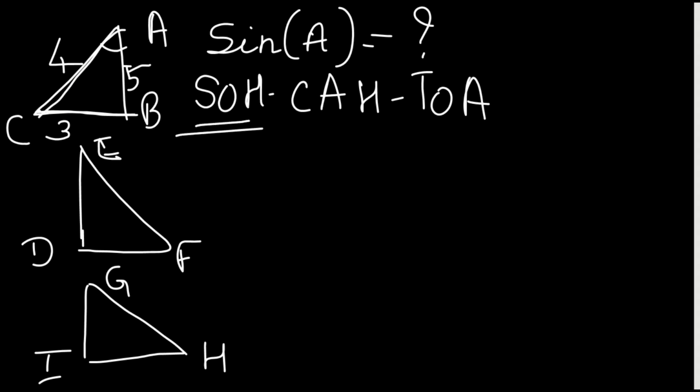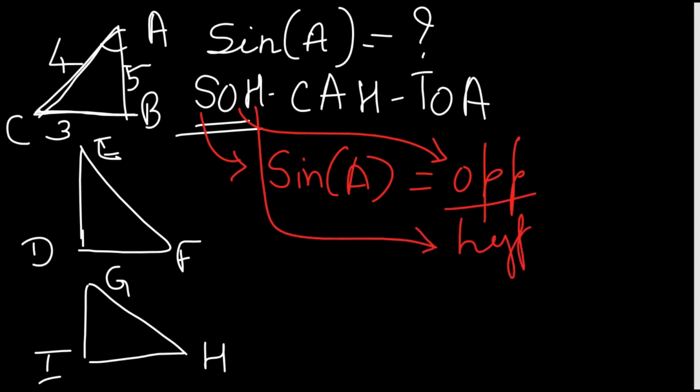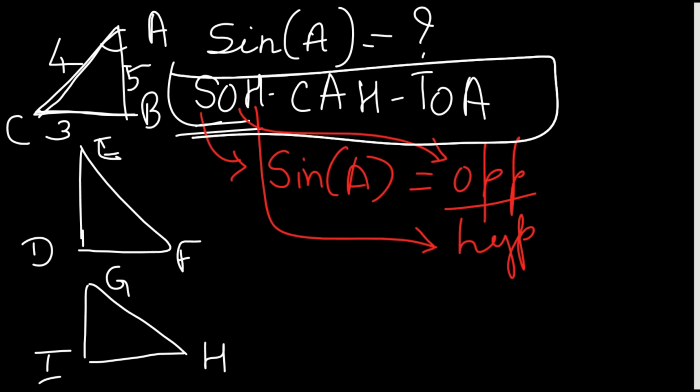With the definition of sine, we can write S is nothing but sine, that is here sine of A. Then O is nothing but opposite. Then H, that is hypotenuse, so it will be divided by hypotenuse. So you found your formula with just this SOHCAHTOA.